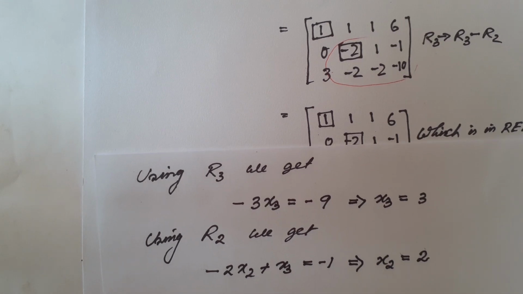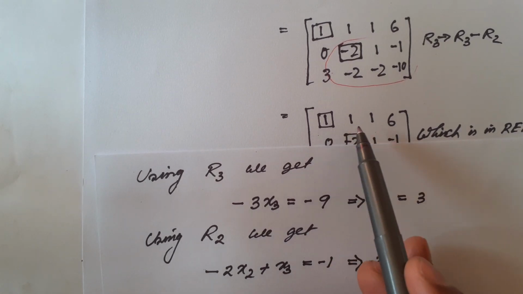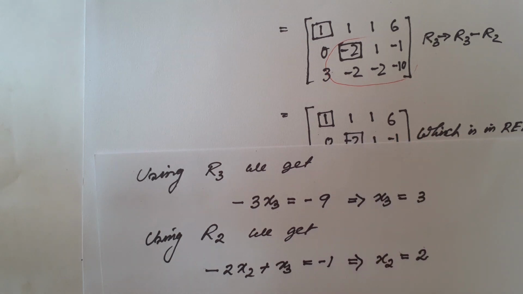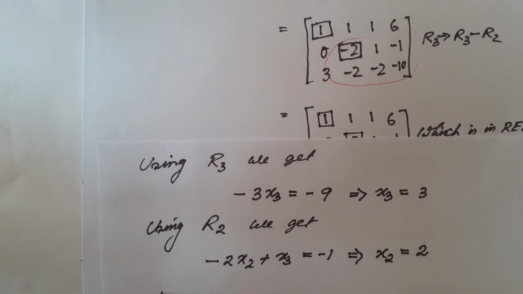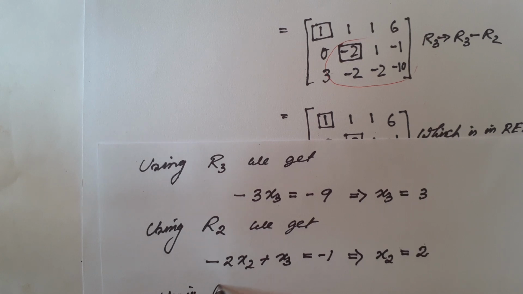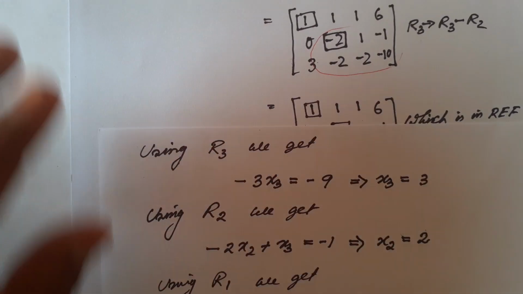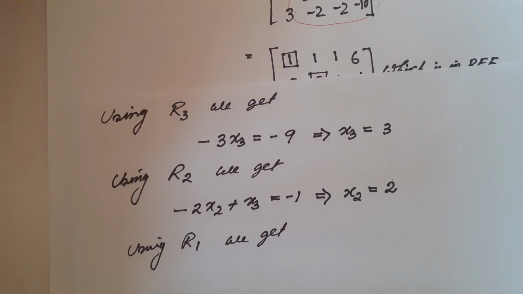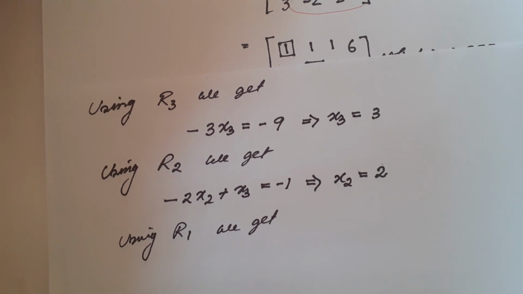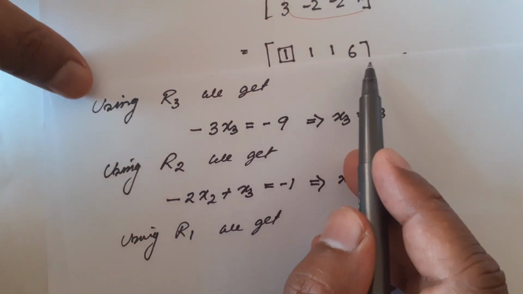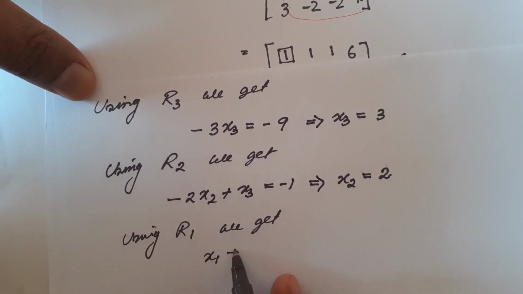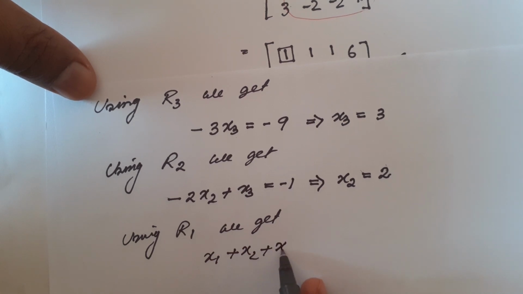Now we will use the first row. First row is x1 plus x2 plus x3 equal to 6. So using R1, R1 is 1, 1, 1, 6. So it is x1 plus x2 plus x3 is equal to 6.